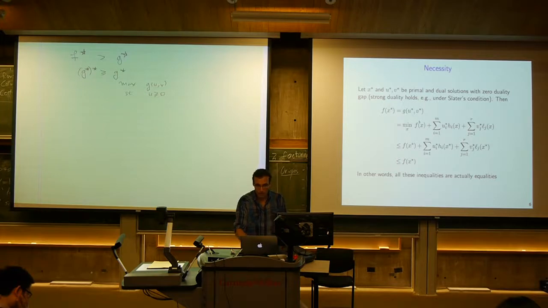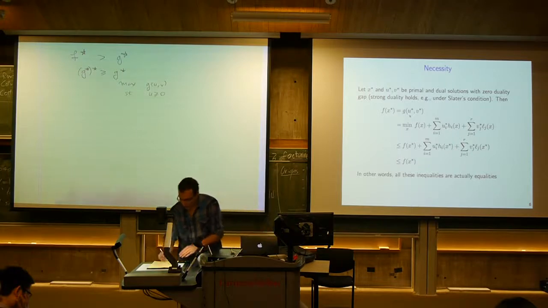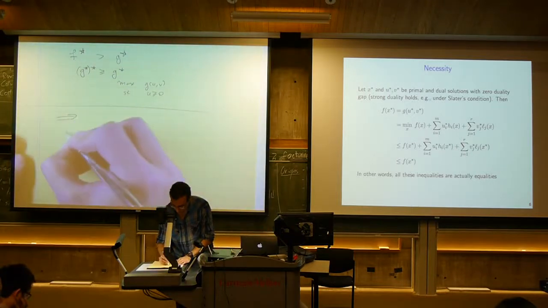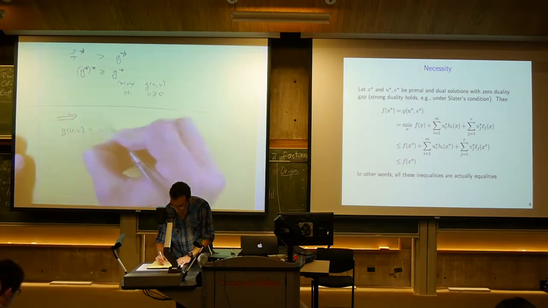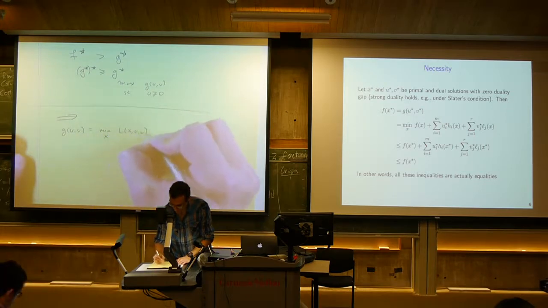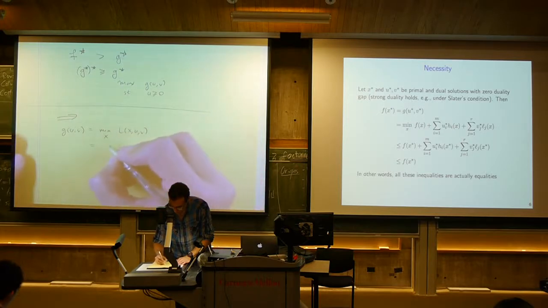But by definition, the dual function at any point u and v is equal to the minimum of the Lagrangian at that u, v. It's equal to the minimum over all x of the Lagrangian.